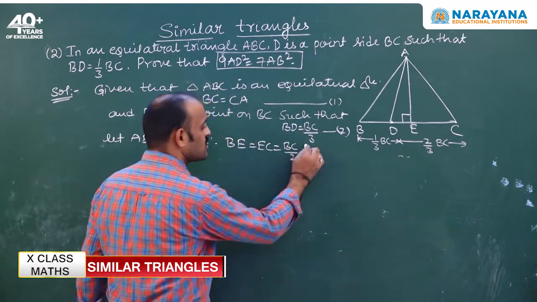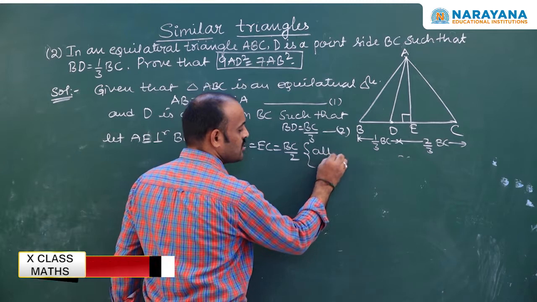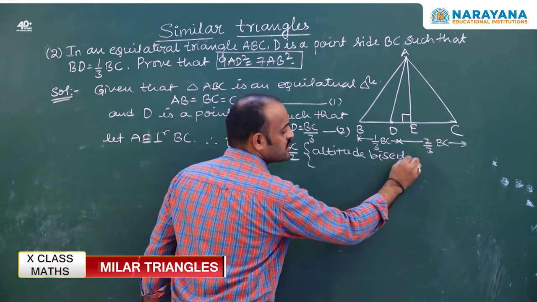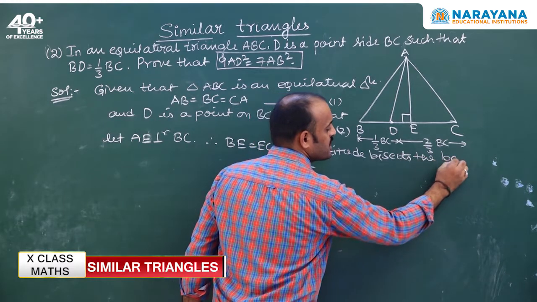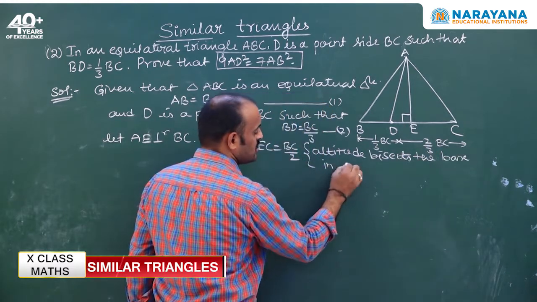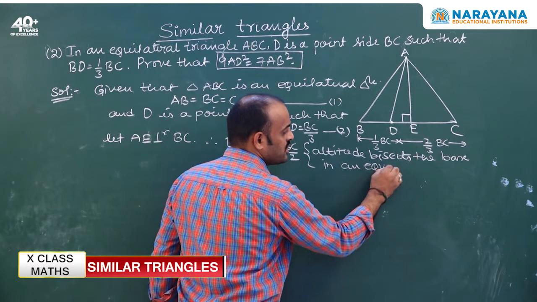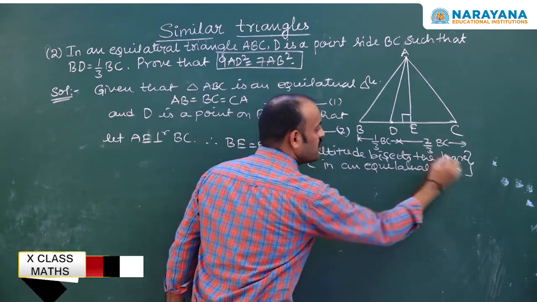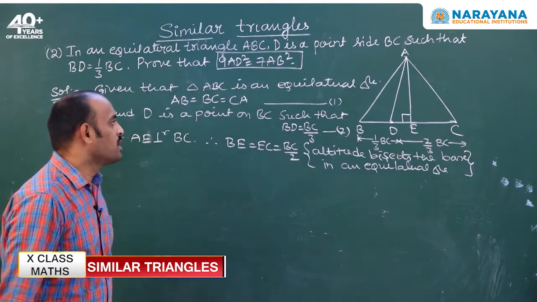Reason? Altitude bisects the base in an equilateral triangle.